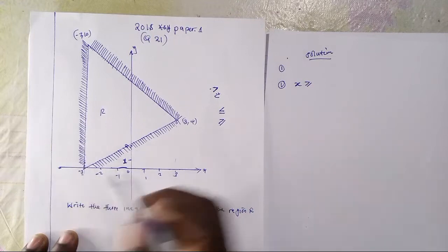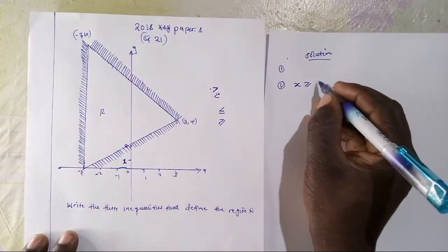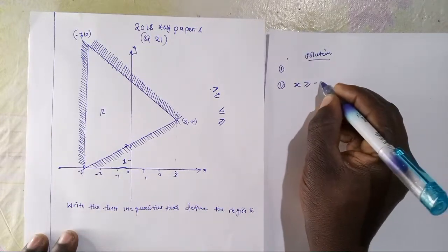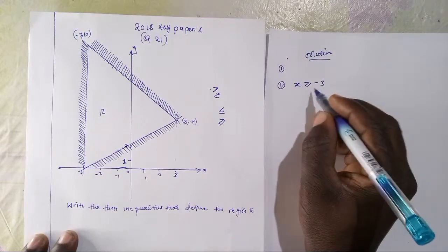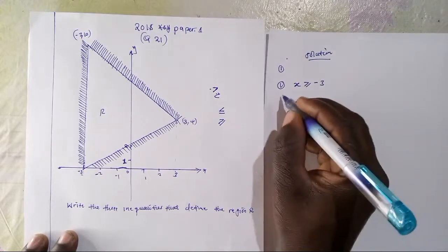So that means we are going to use x is less than or equal to -3. So this is our first inequality.